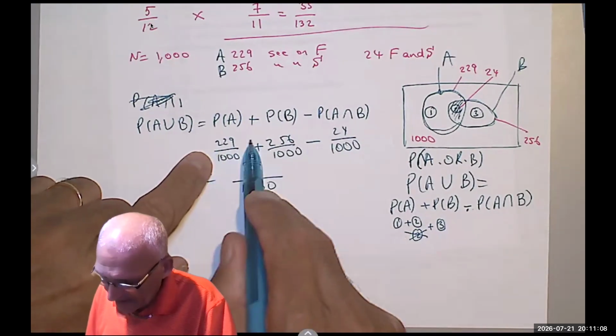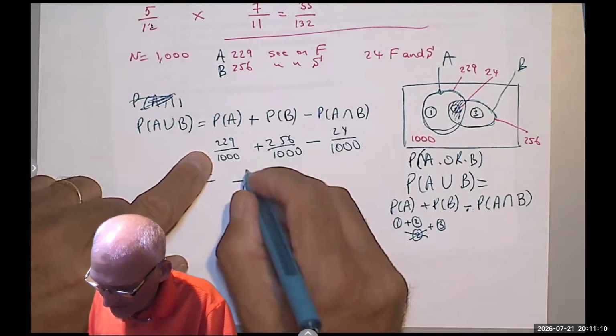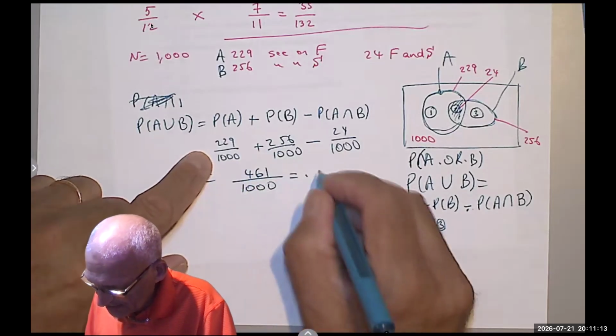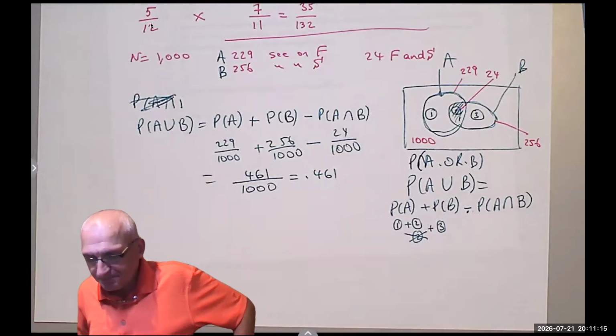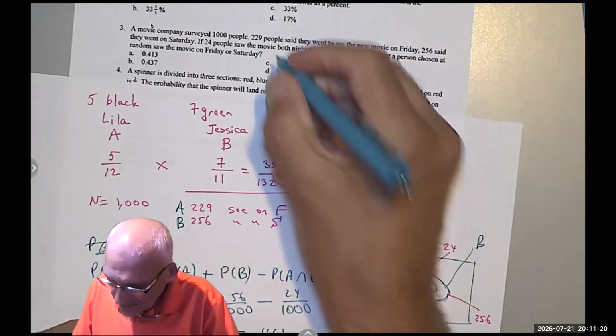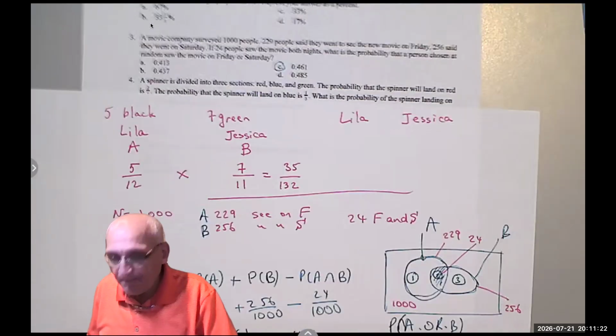So this is 205. So that would be 461, meaning the probability is 0.461. Do we have that? Yeah, C. So it's also C.